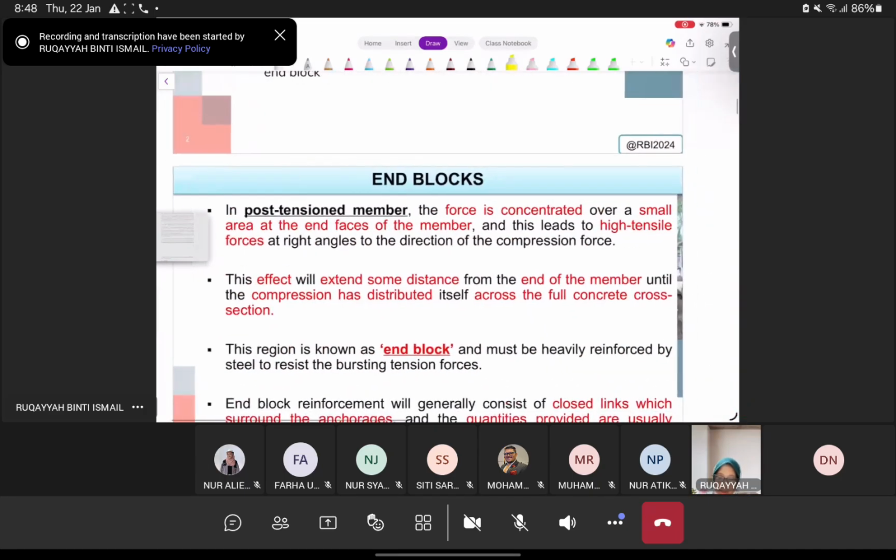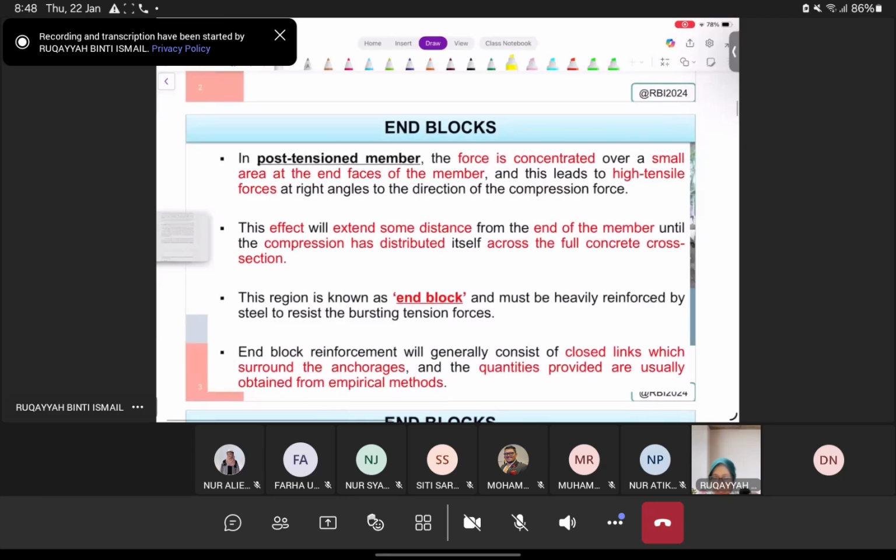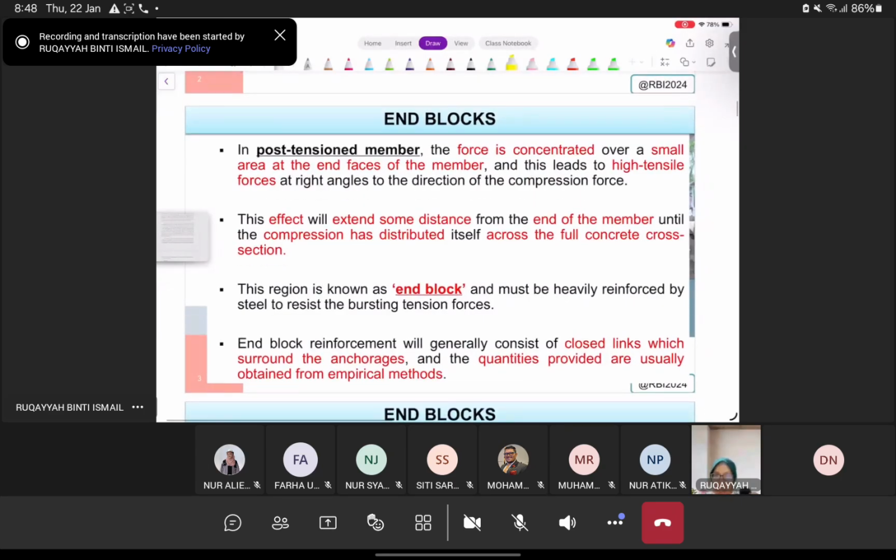Okay, all right. So end block. As we mentioned earlier, in a post-tension member the force is concentrated over a small area at the end faces of the member, and this leads to high tensile forces at right angles to the direction of the compression force.